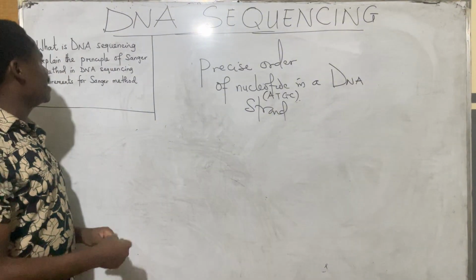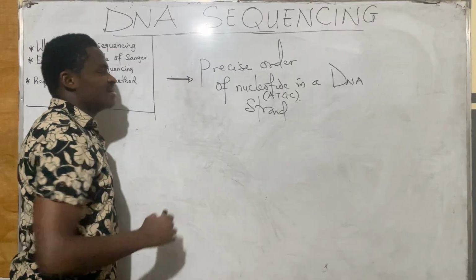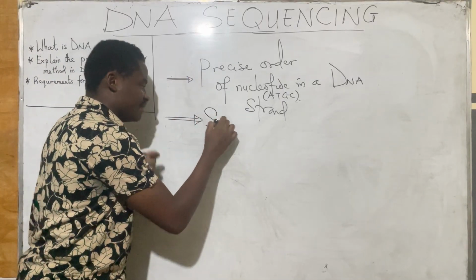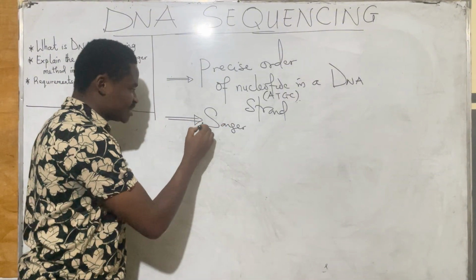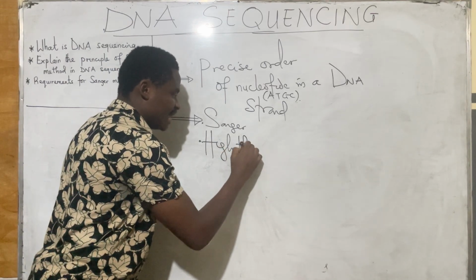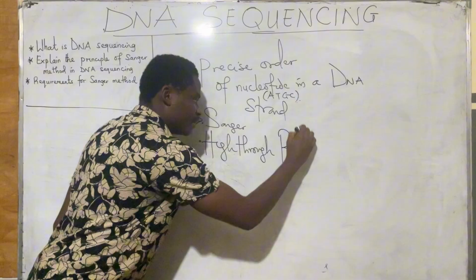Now, coming back here, you may be able to say that two methods have been outlined. The earliest was the Sanger method, and then one of the most recent ones is the high throughput method. All right.